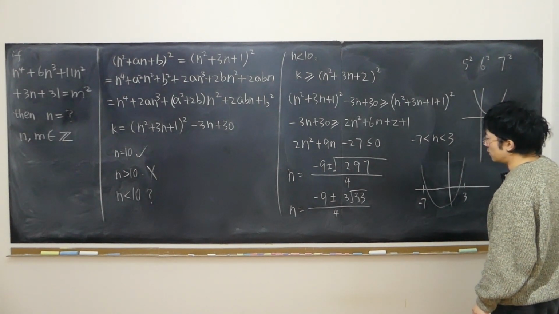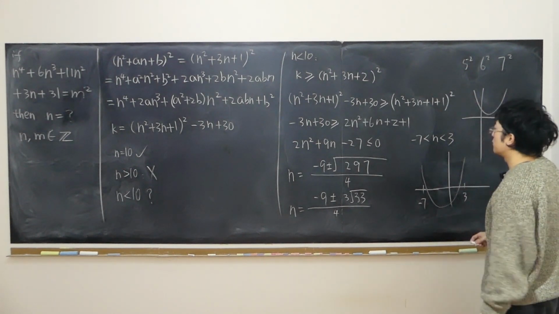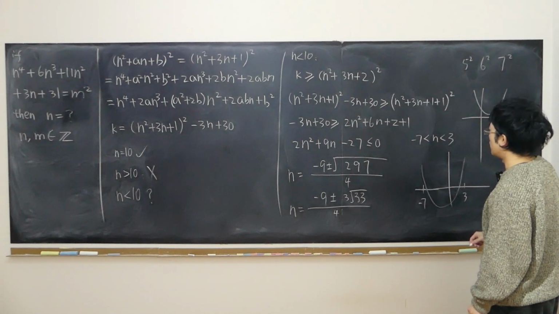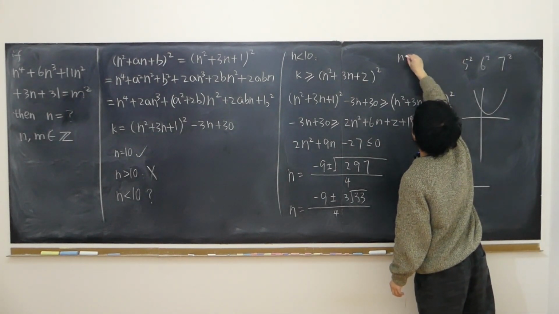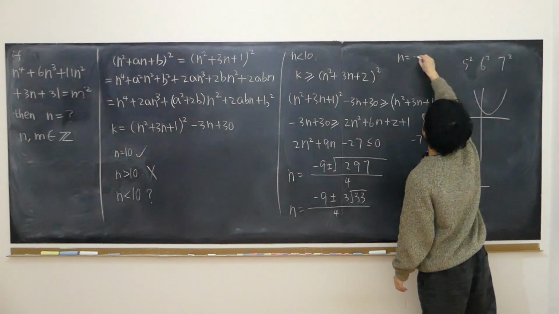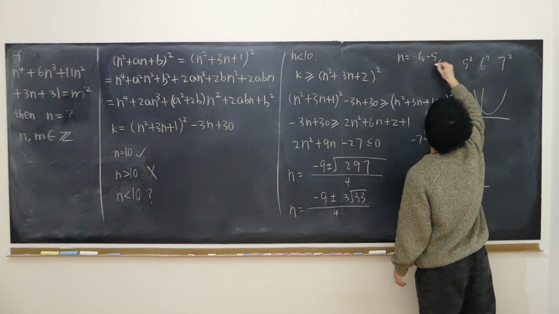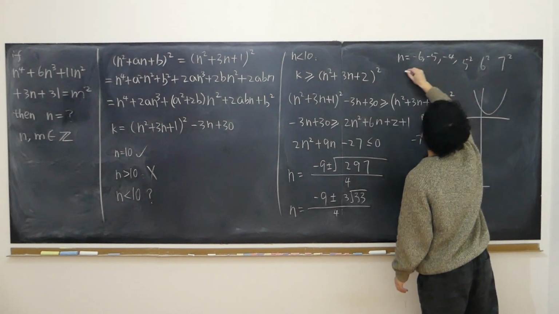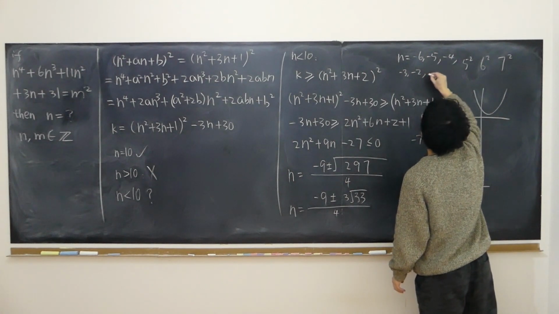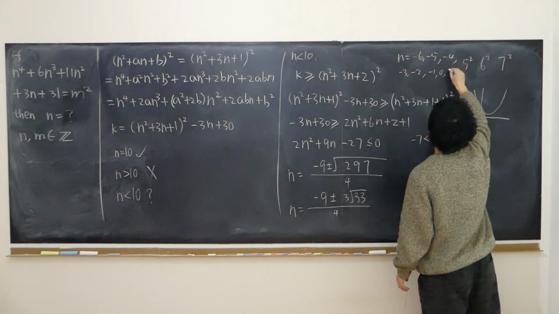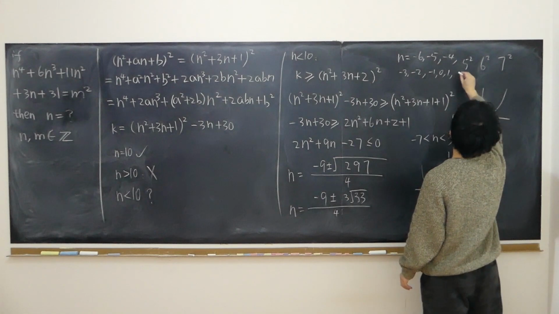So the only possibilities are n equal to minus 7, minus 6, minus 5, minus 4, minus 3, minus 2, minus 1, 0, 1, and 2.